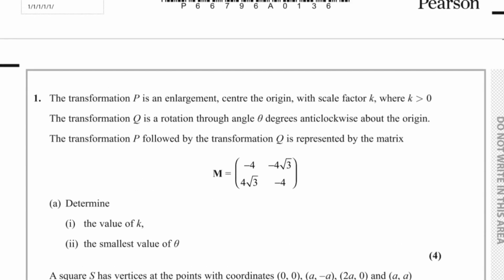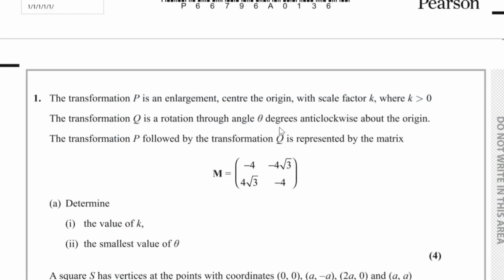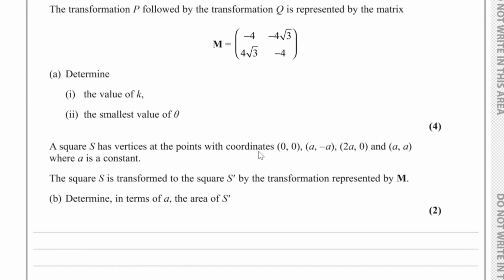Well, if we have a transformation which is a rotation through angle theta degrees anticlockwise about the origin, we would at some point have to use this matrix over here. Now, M is equal to P followed by Q, and so we would have to work backwards.